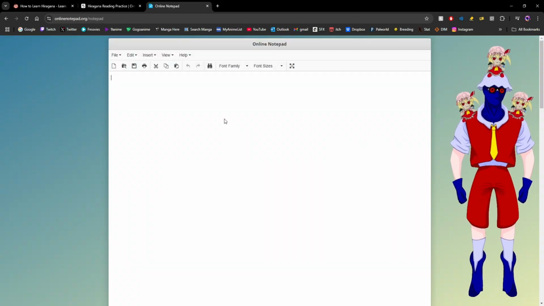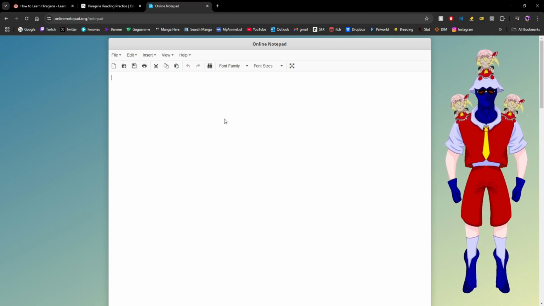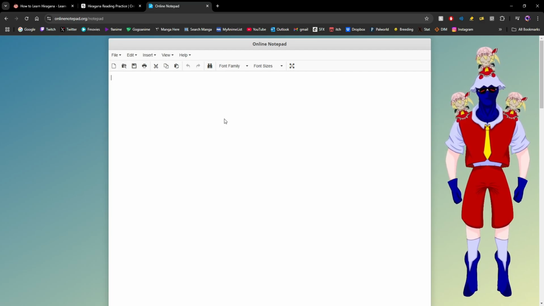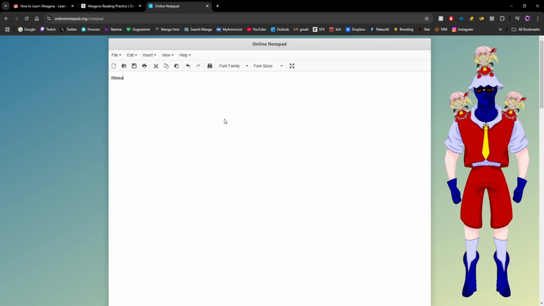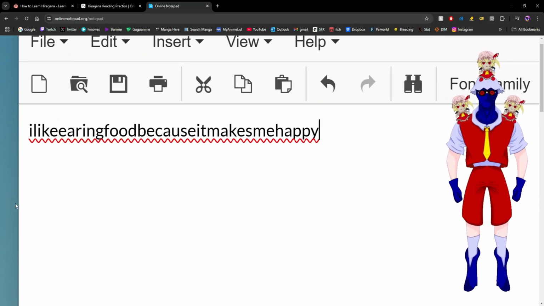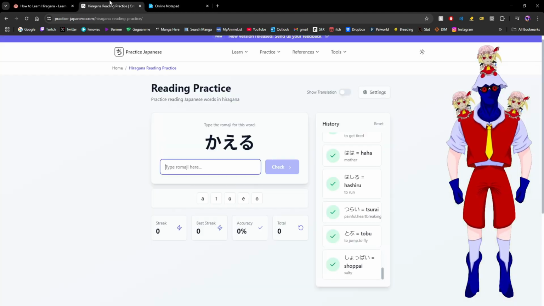Look here, if you only use hiragana and katakana in terms of typing and not use kanji, this is what your sentence will look like. It's basically you saying, I like eating food because it makes me happy. Now, try reading it. Yes, this is what no kanji looks like. So in order to not read it like this, you need to learn kanji. Sadly, unfortunately, we need it.